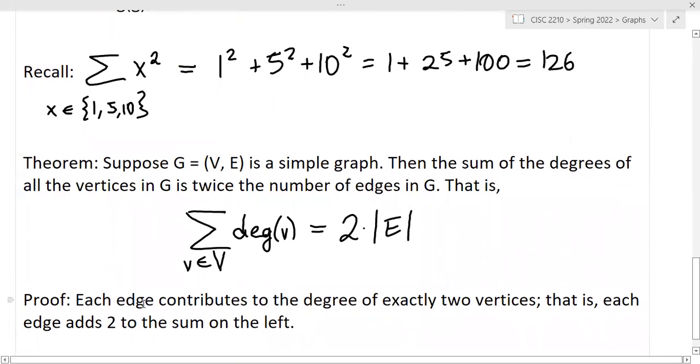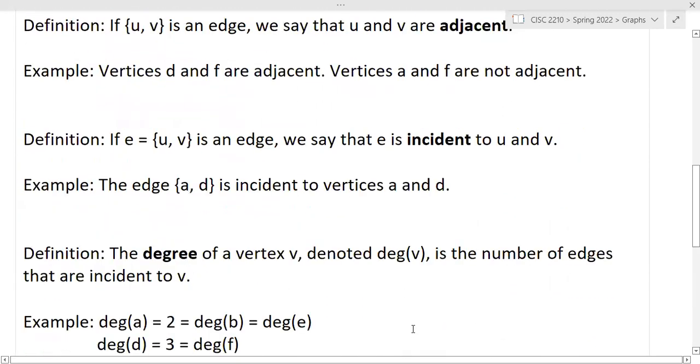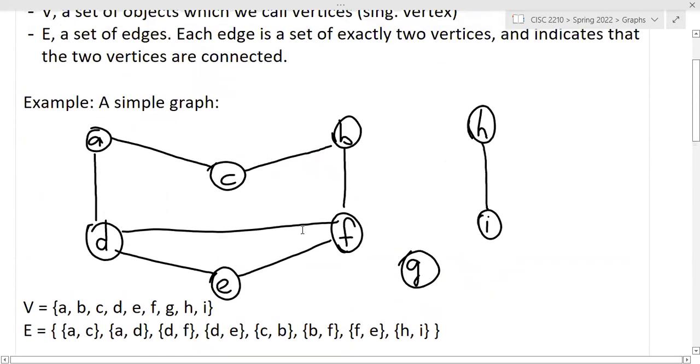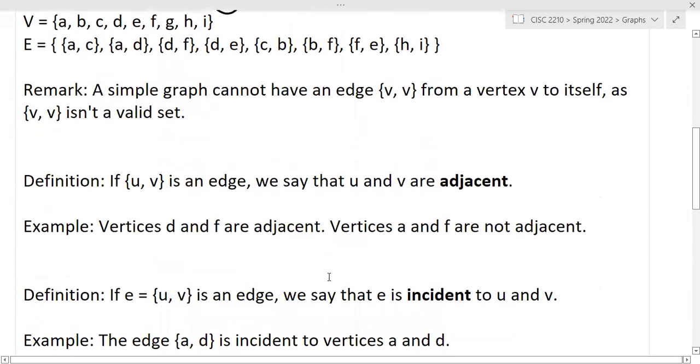Well, each edge contributes to the degree of exactly 2 vertices. Every edge in a graph adds 1 to the degree of each of its two endpoints. For example, let's take this edge here. It adds 1 to the degree of D, and it adds 1 to the degree of F. So every edge adds 1 to the degree on one side and 1 to the degree on the other side.